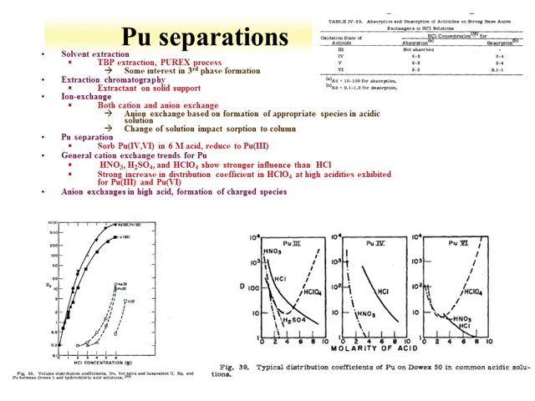In general, for cation exchange trends for plutonium, the nitrates, sulfuric, and perchloric acid show stronger influence than the HCl. And there's an increase in distribution coefficients in perchloric acid at high acidities exhibited for plutonium-3 and plutonium-4.